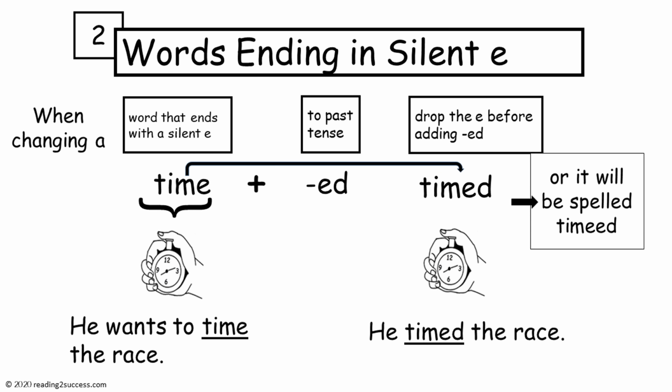Now introduce kids to basic spelling rule 2, words ending in silent E. When changing a word that ends with a silent E, as in time, to past tense, ed, drop the E before adding ed, or it will be spelled timeed, and we only want ed.